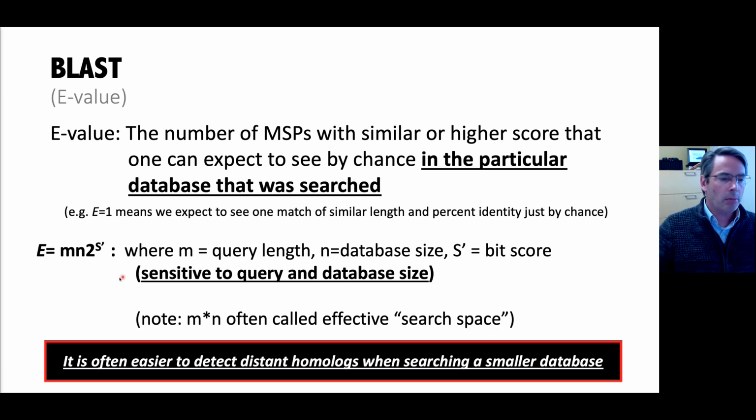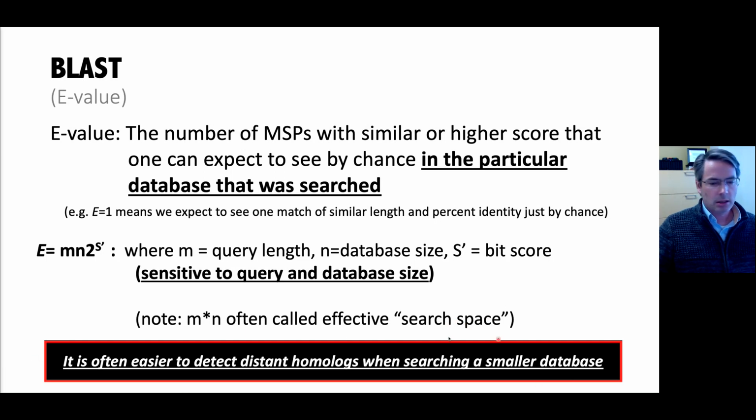So that combination of how big your query is and how big the database is, that m times n, the first two variables there, is often called the effective search space. The bigger your search space is, the more likely you are to just find matches by chance.